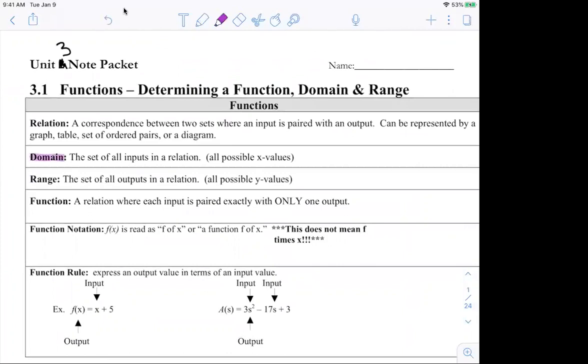So the domain is your X values. The range is going to be your possible Y values. A function is when each input is paired with exactly only one output. So that means each X has only one output arrow.